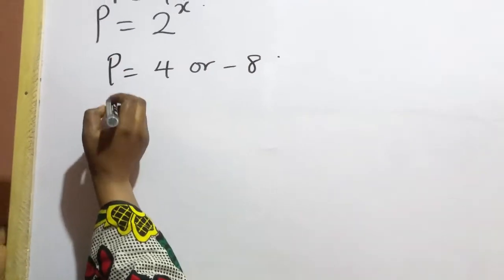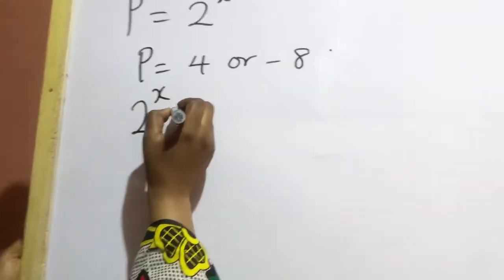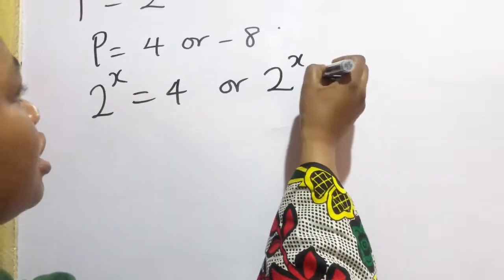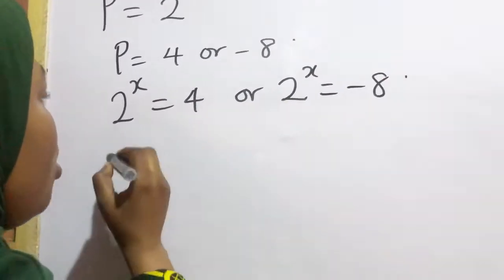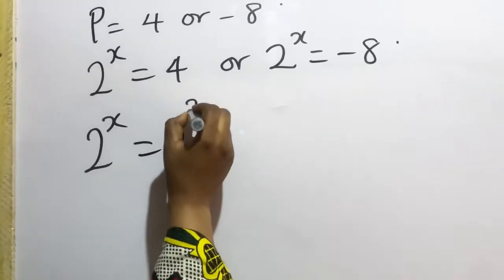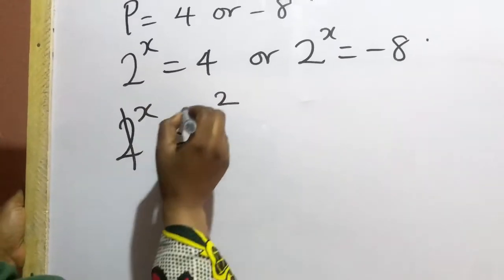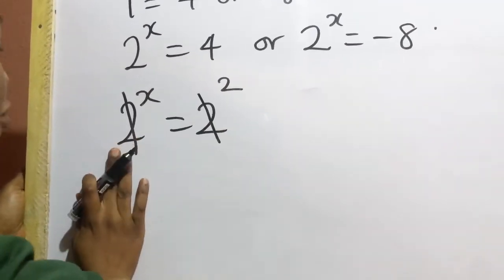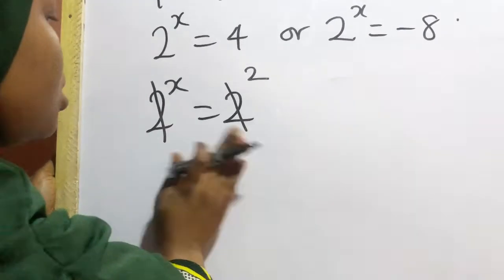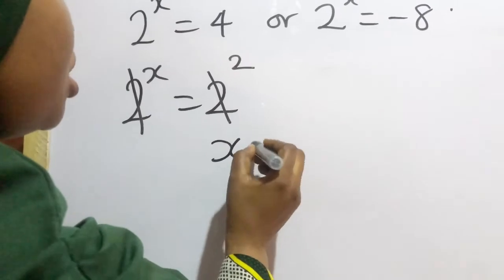So it means that 2 raised to power x will be equal to 4, or 2 raised to power x is equal to minus 8. So 2 raised to power x will be equal to 2 raised to power 2. So the base of the first one and the base of the second one will cancel each other, so x will be equal to 2.